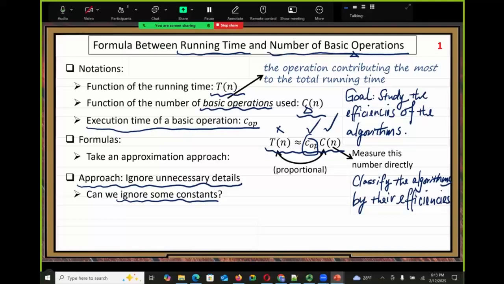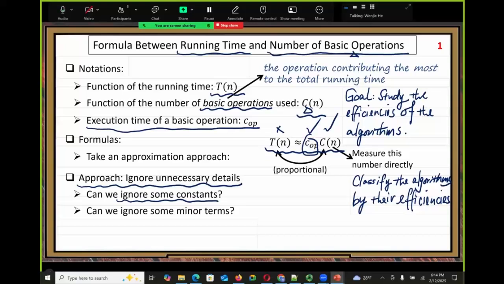How do we deal with this little c-op constant? Can we ignore some minor terms? Remember the dominant terms, major term, minor terms we mentioned before. We need to keep the dominant term. So here we need to recall the dominant term and the minor term.